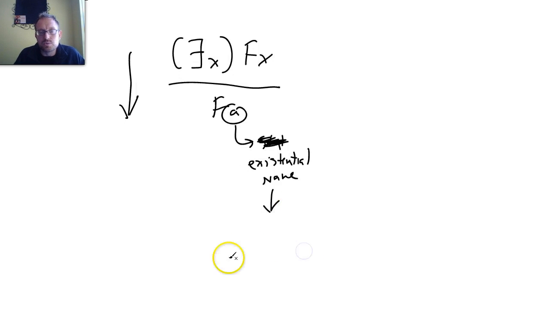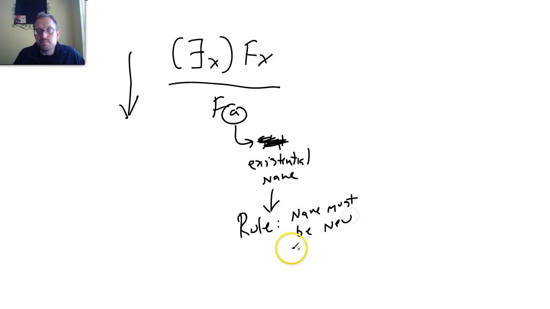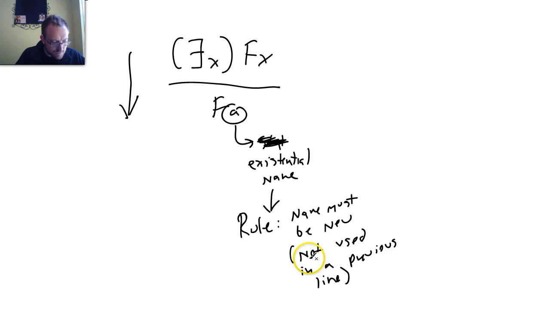What's the basic rule? The rule is this. Anytime you do an existential instantiation and you introduce a new existential name, the name must be new, meaning it's not used in a previous line. And why is that?